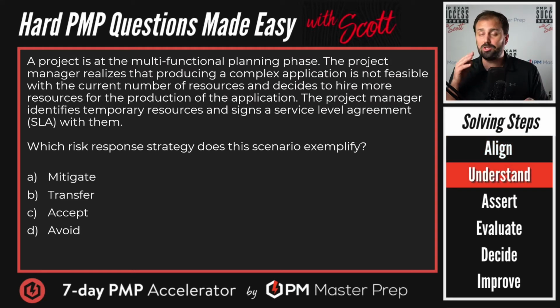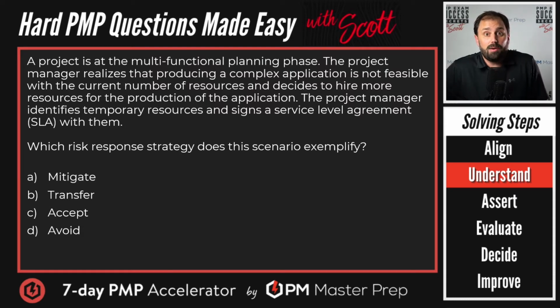Let's go back to the base of the question. Read it for context. Look for what type of project it is, where we think we are, and what the keywords are. Let's go. A project is at the multifunctional planning phase. Ooh, fancy. The project manager realizes that producing a complex application is not feasible with the current number of resources and decides to hire more resources for the production of the application.